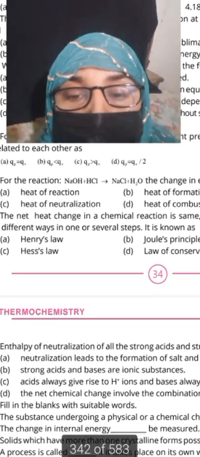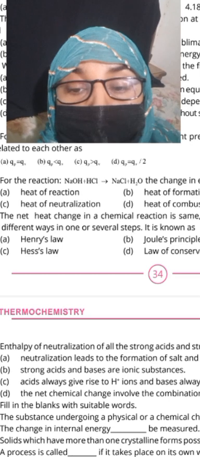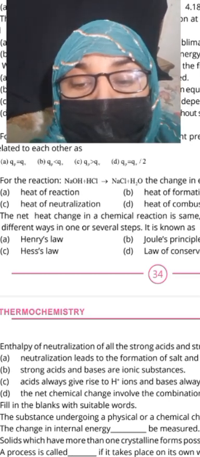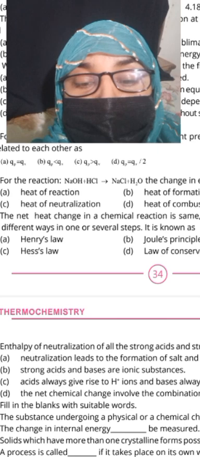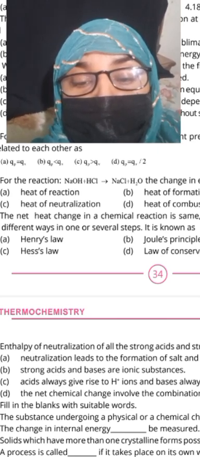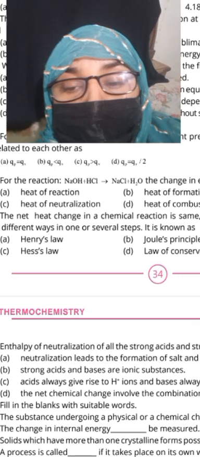And the enthalpy neutralization is all strong and strong other neutralization IDs information solid water strong acid is basic ionic and substance is most important and valid is most that one.